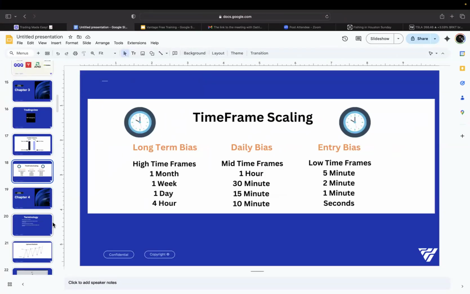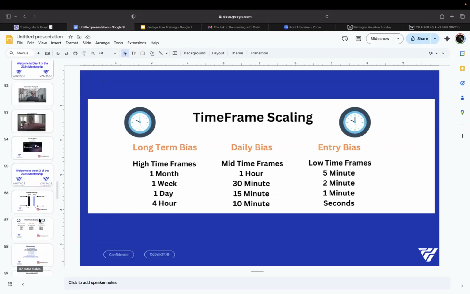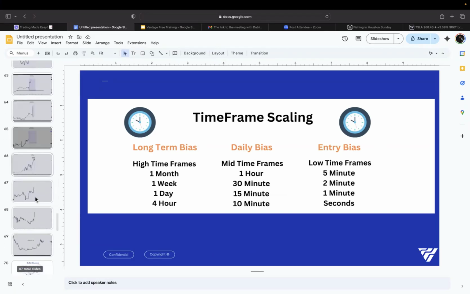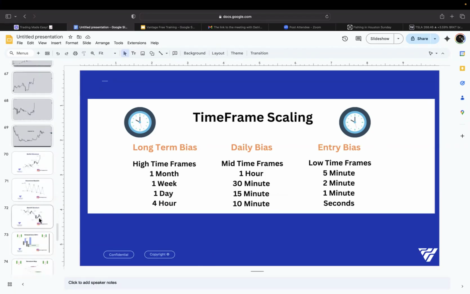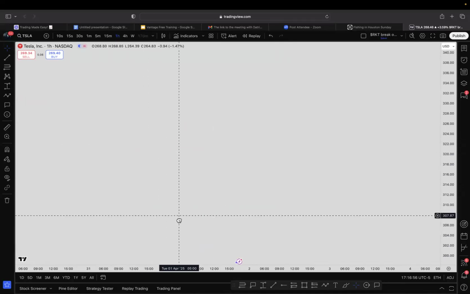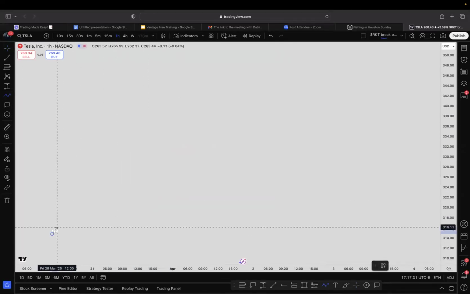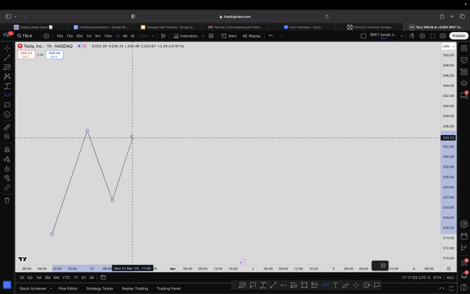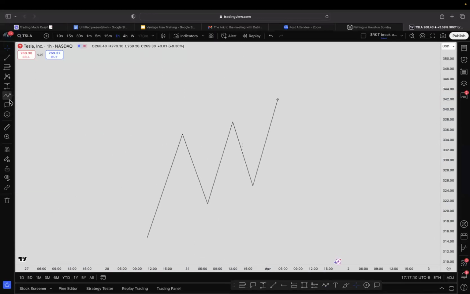All right. So now let's move on. So our next topic is kind of putting all of this together. Now, the first part of this is, this is where we get into actual structure. So let's just start with bullish.